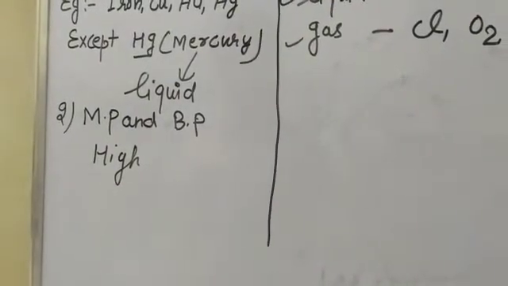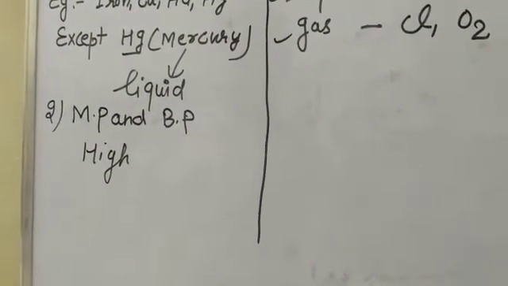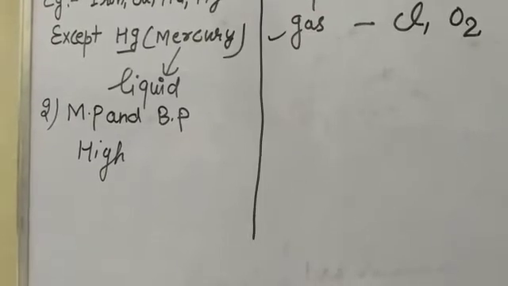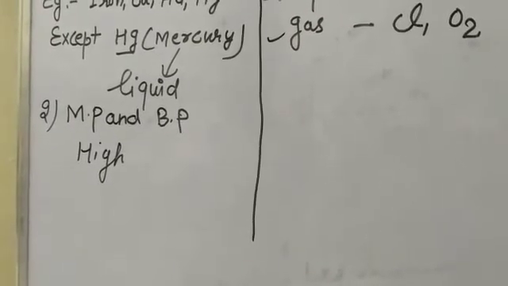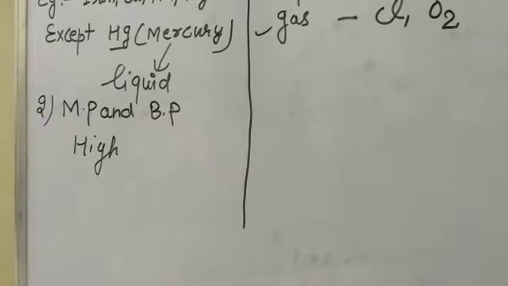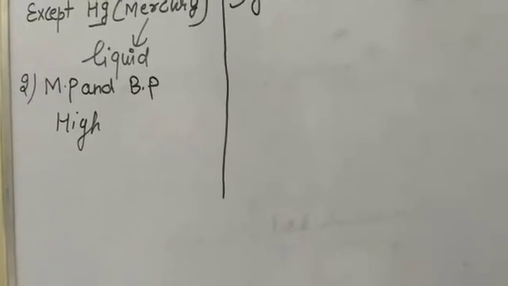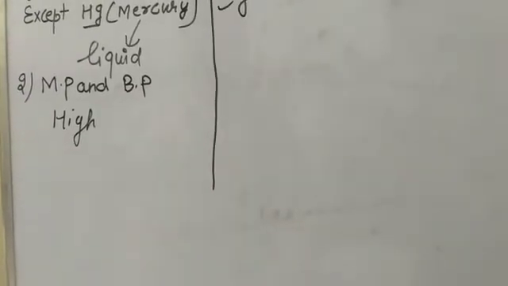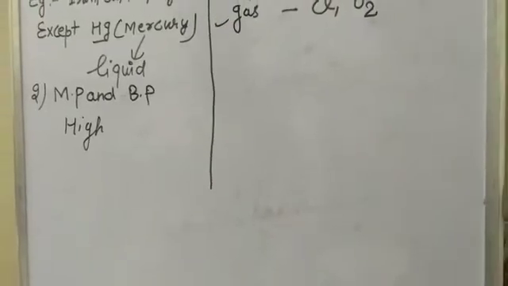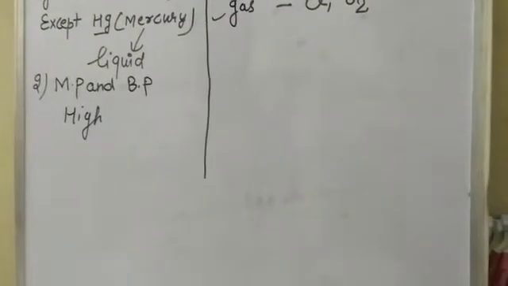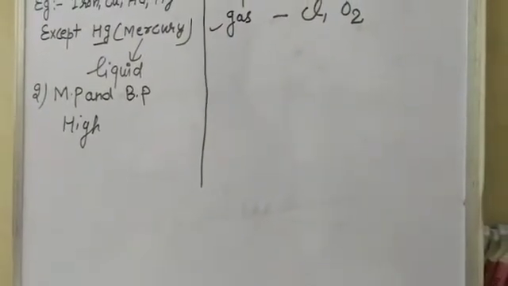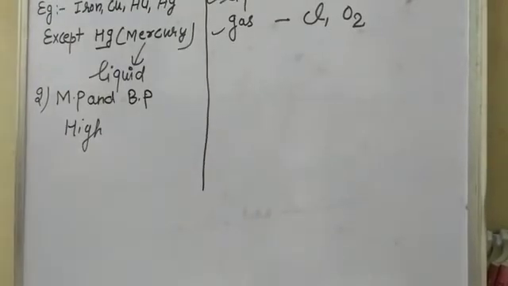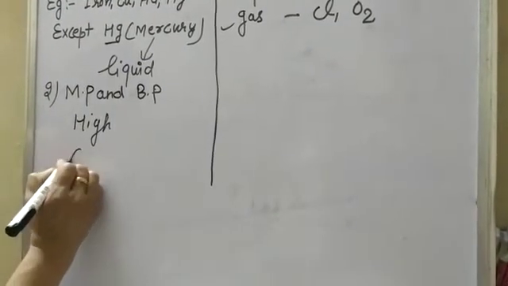For example, the melting point of iron is 1536 degrees Celsius and its boiling point is 3000 degrees Celsius. But one exception is there, that is cesium, whose melting point is 28.7 degrees Celsius.